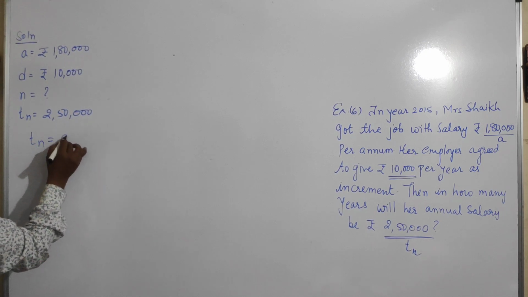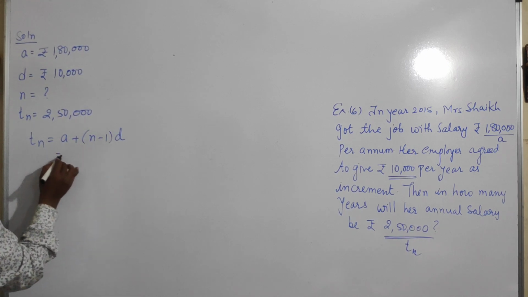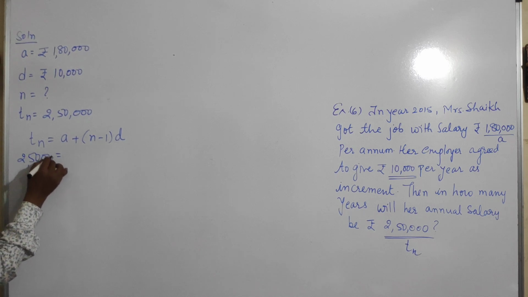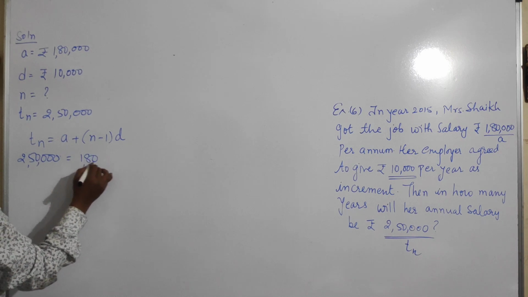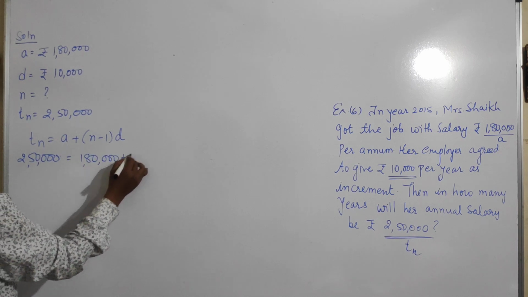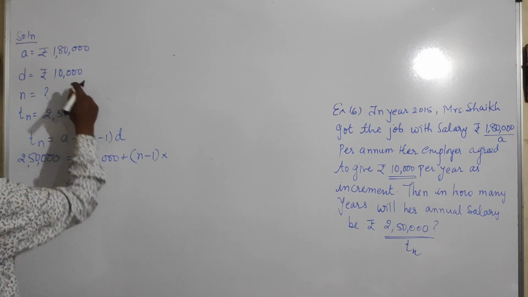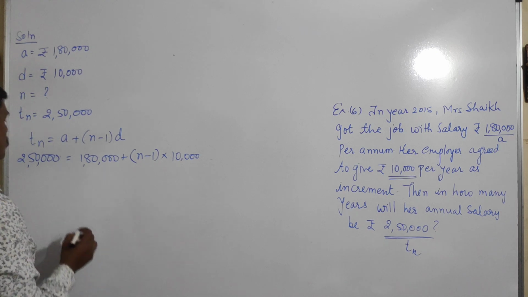Now just apply the general term formula. Tn is equal to a plus (n minus 1) d. What is the value of Tn? 2,50,000. What is the value of A? 1,80,000. And the value of D is 10,000.